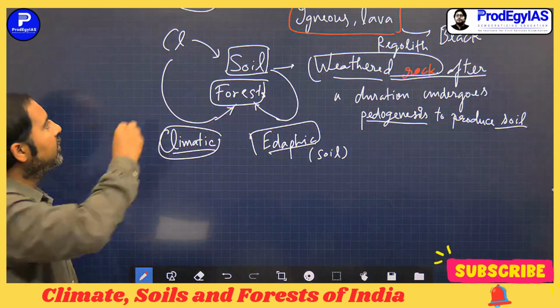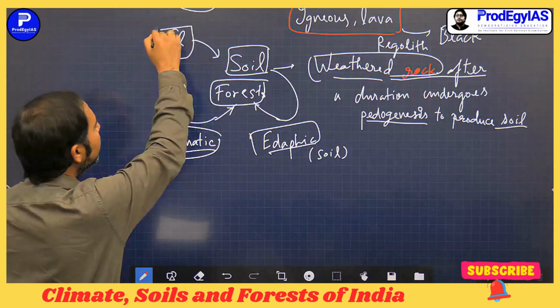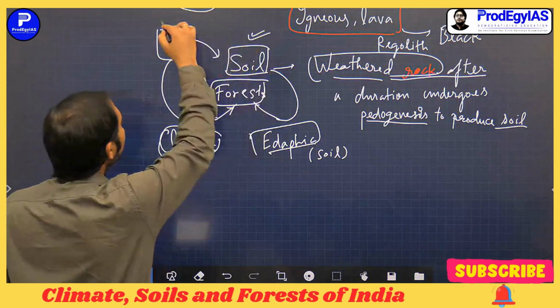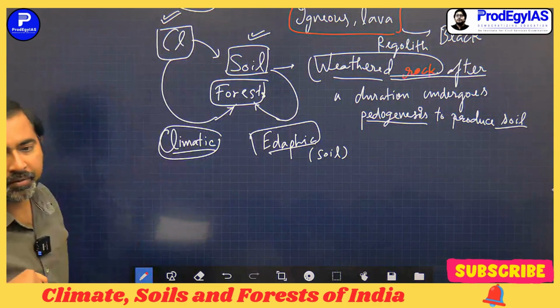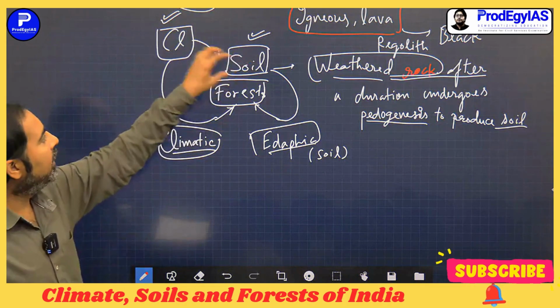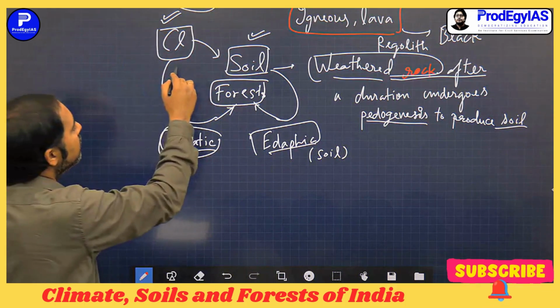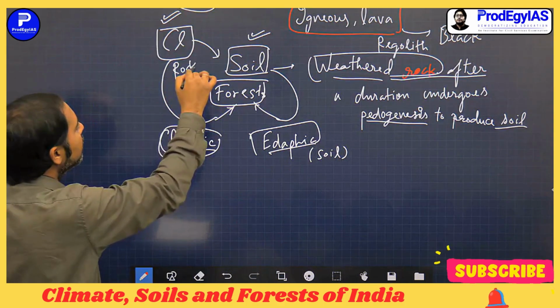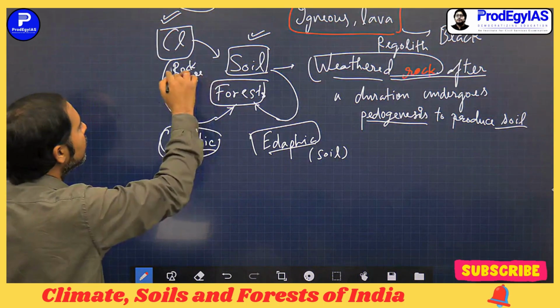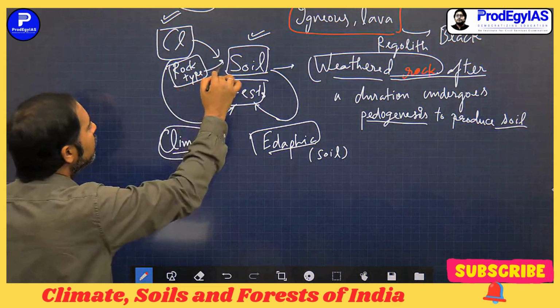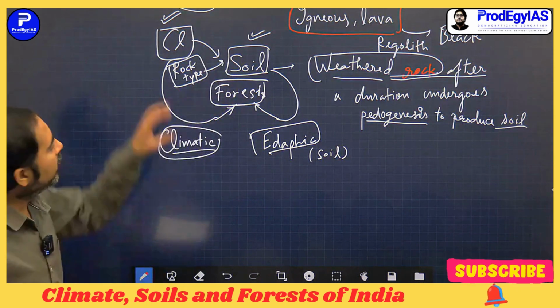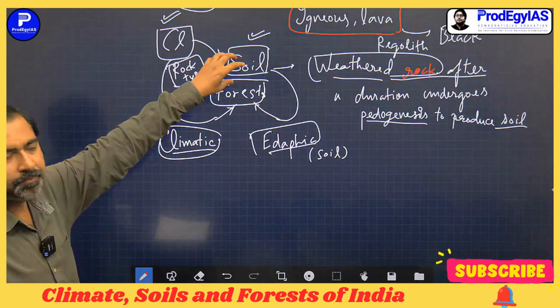So your first basic requirement is to know about the soil and to know about the climate. To know about the soil, you need to know the climate and basically rock type. These two factors are important for soil type.